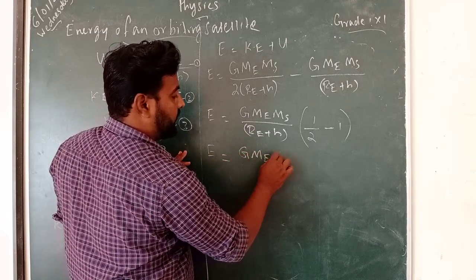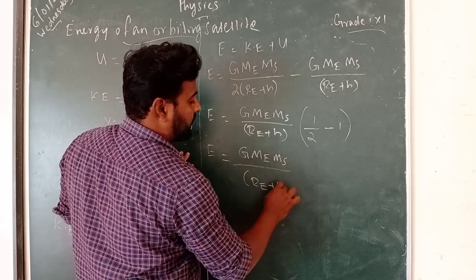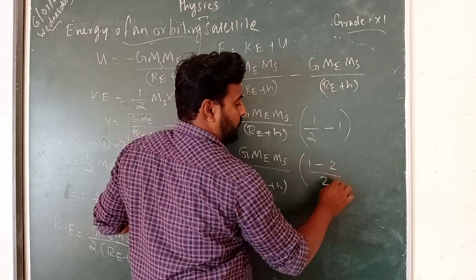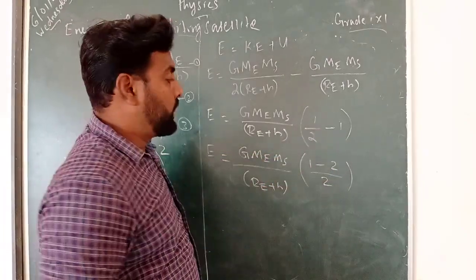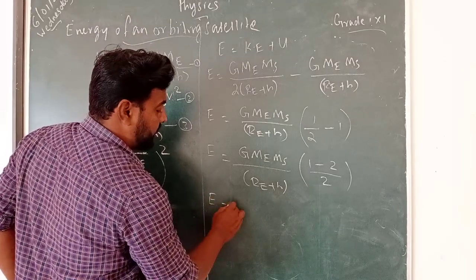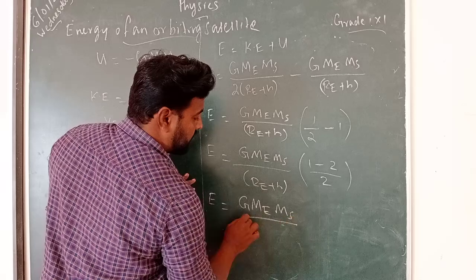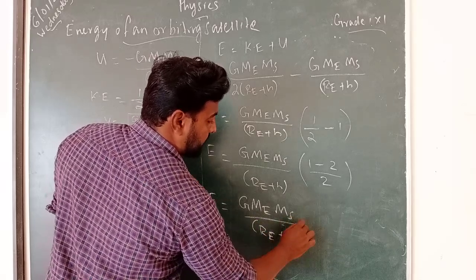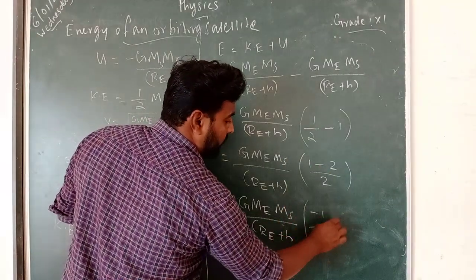G ME MS by RE plus H into bracket, 1 minus 2 by 2. Just taking the LCM and solving, 1 minus 2 is minus 1. So E is equal to G ME MS by RE plus H into minus 1 by 2.